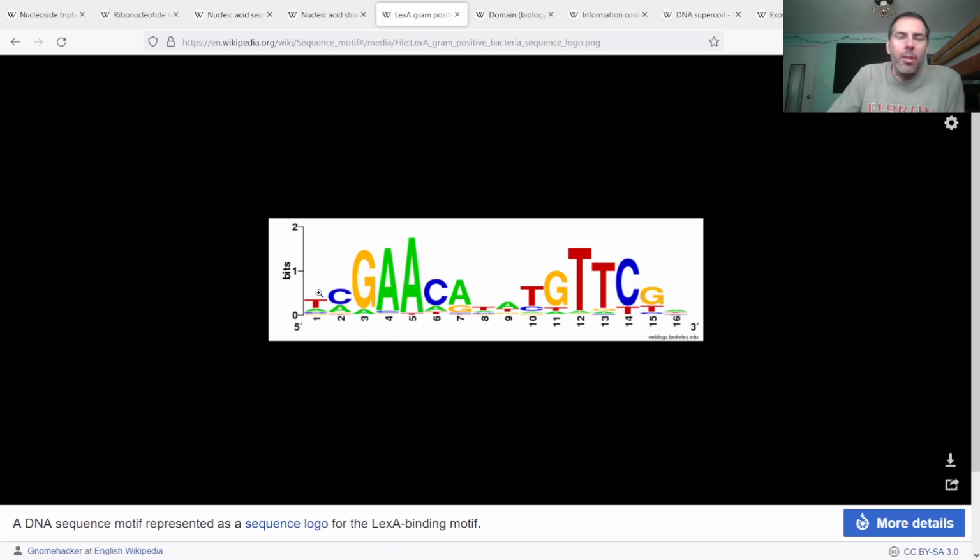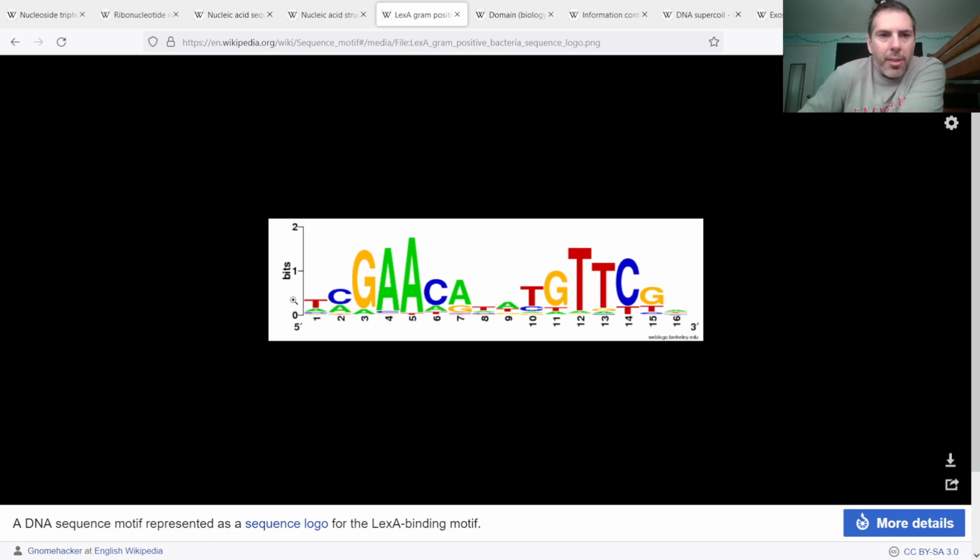There's the sequence logo, where you list out at a certain position what is most likely to be found at that position. So you can see that in certain places there's a somewhat more even distribution of values, and then at certain places there's almost always a single type of nucleotide.